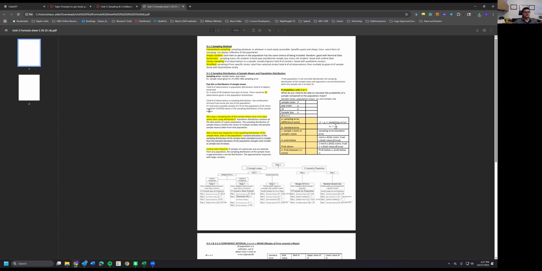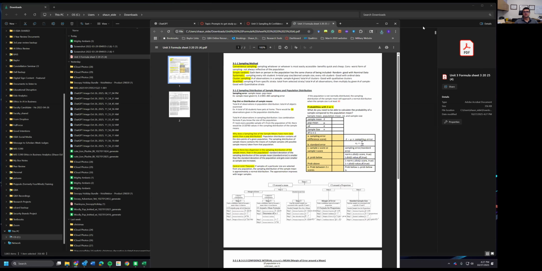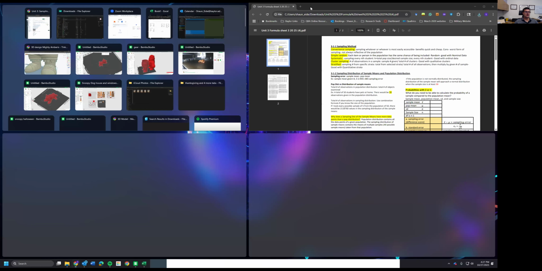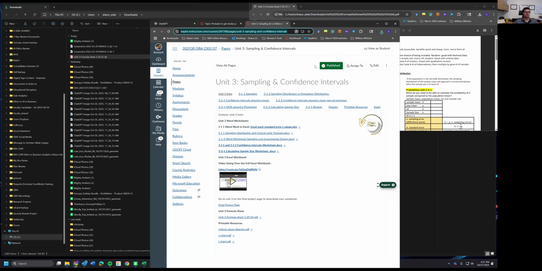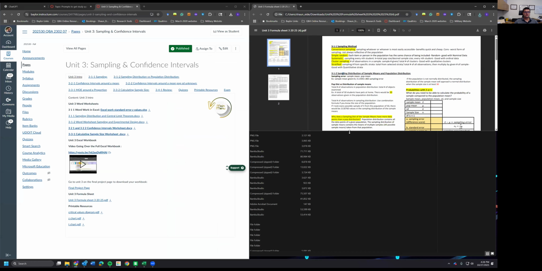There we go. So I've got the Unit 3 formula sheet, and I'll put it right over here, and then I will put everything else right there. So how do we use this?